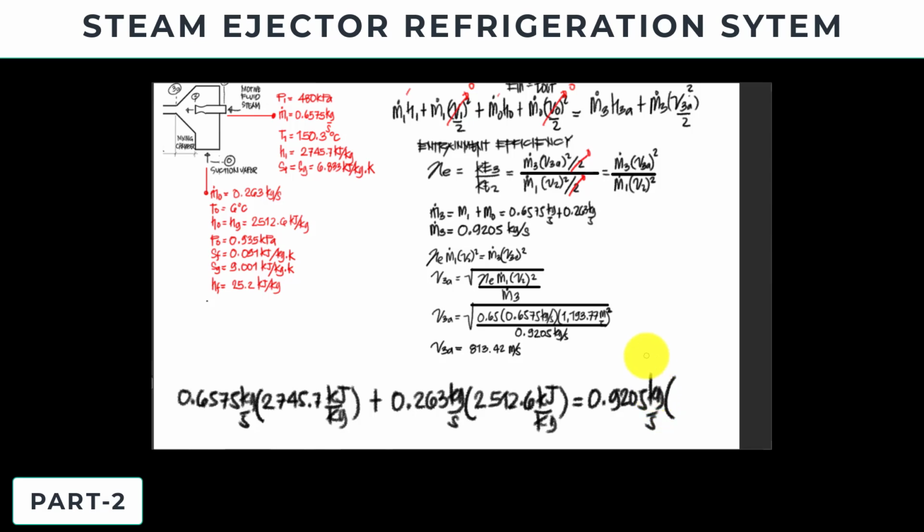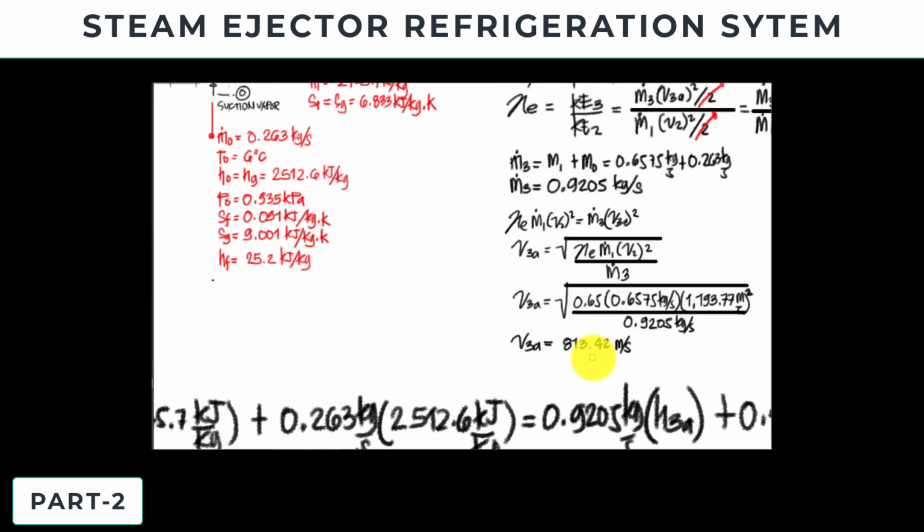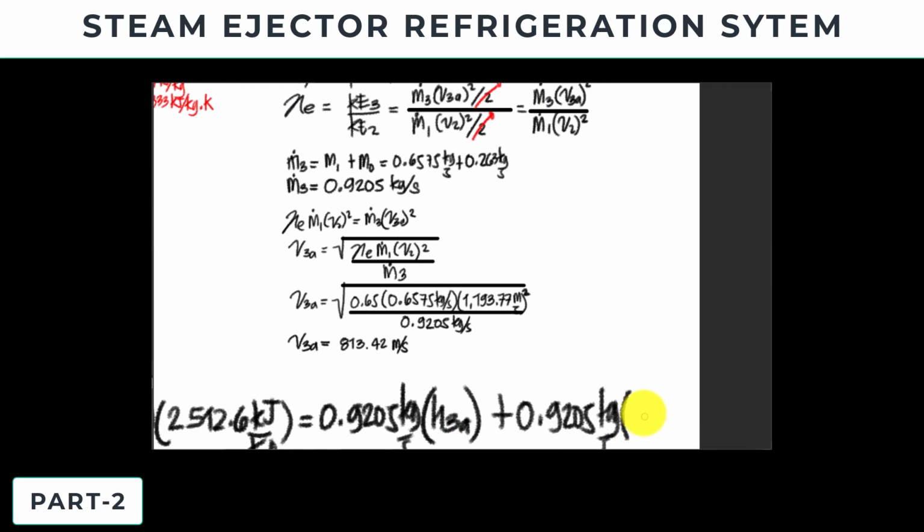Multiply it by my enthalpy 3A, so this is enthalpy 3A. And plus 0.9205 kilogram per second times the velocity 3a squared, which is the value of 813.4.